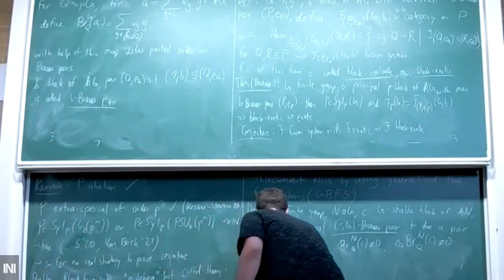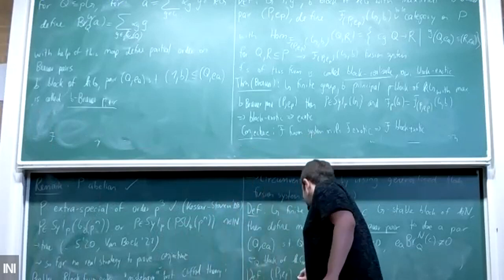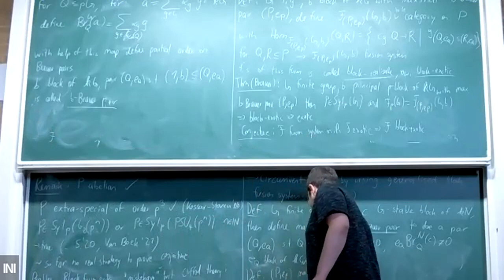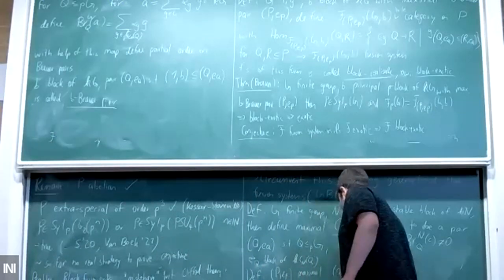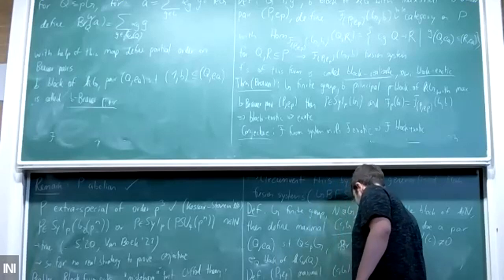Okay. And so now we can define generalized block fusion systems. We take (P, e_P), so we just keep the notation, to be a maximal CG Brauer pair.